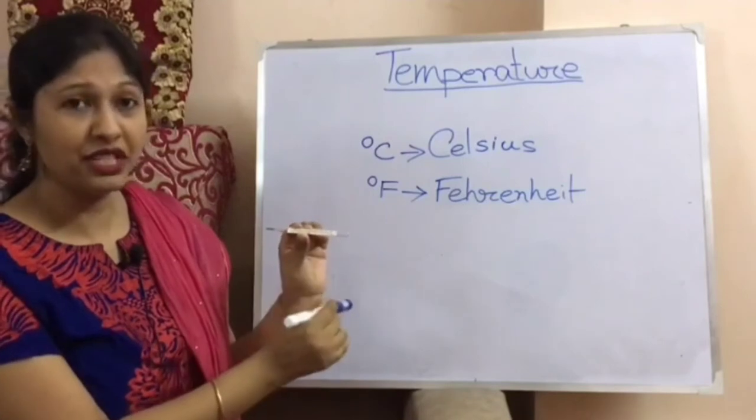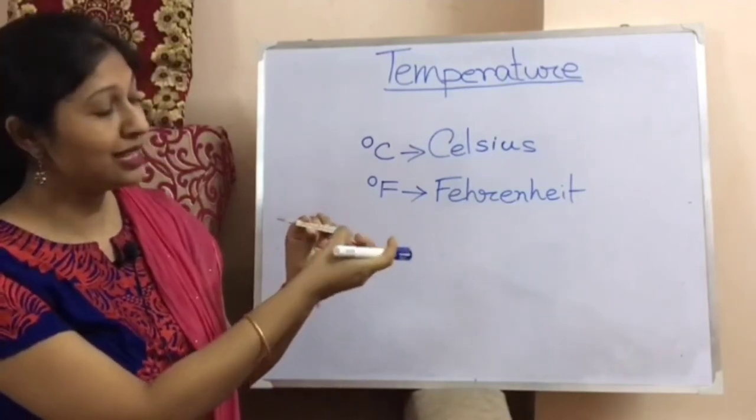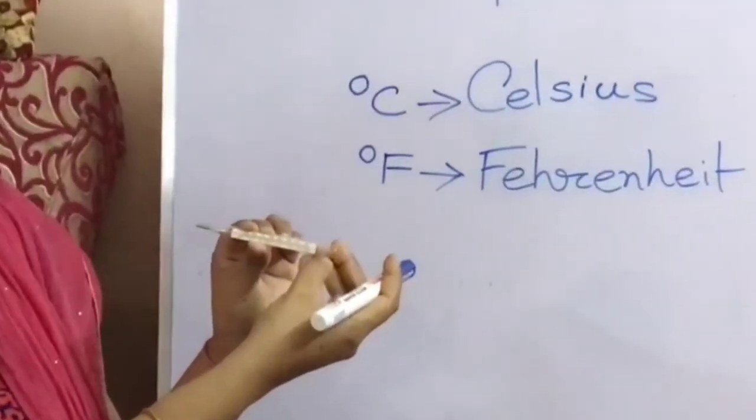In that thermometer we can see two types of scales: one is Celsius and one is Fahrenheit.